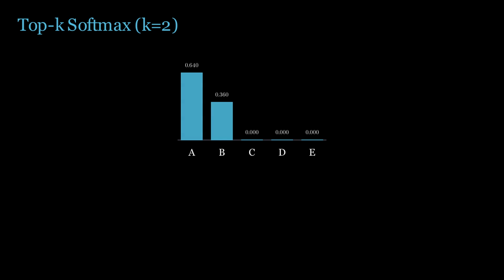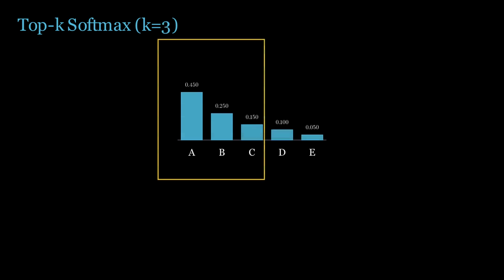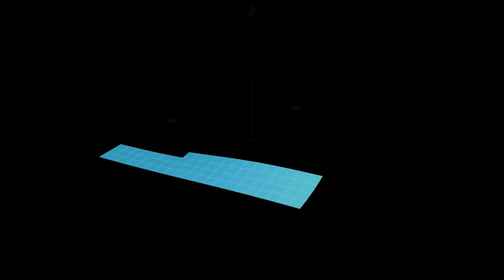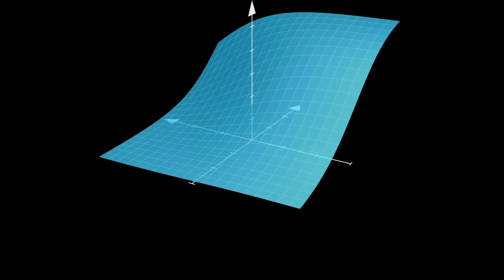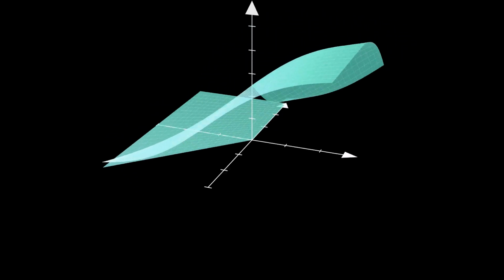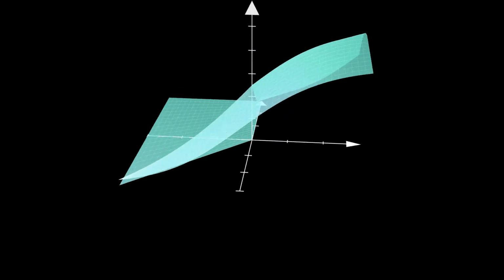First, K is fixed, meaning the network can't dynamically choose to attend to 3 things or 10 things at runtime. Second, like argmax, it introduces sharp discontinuities into our optimization landscape, disrupting the flow of gradients.